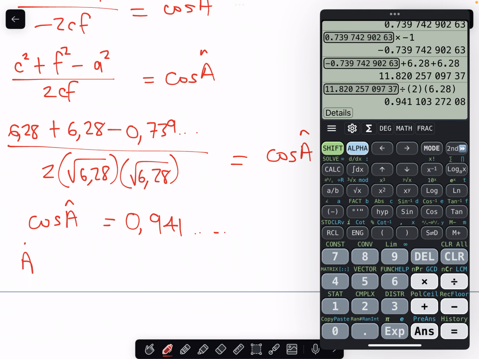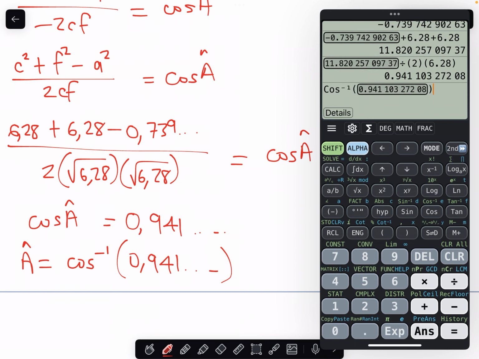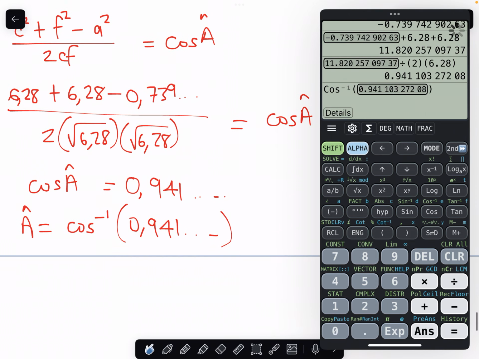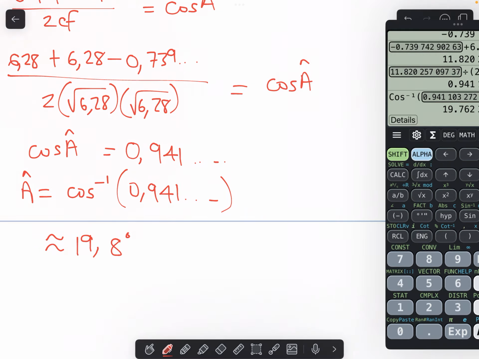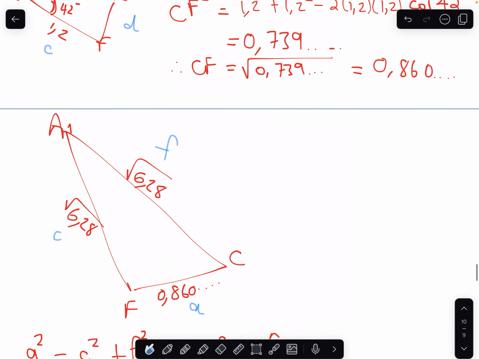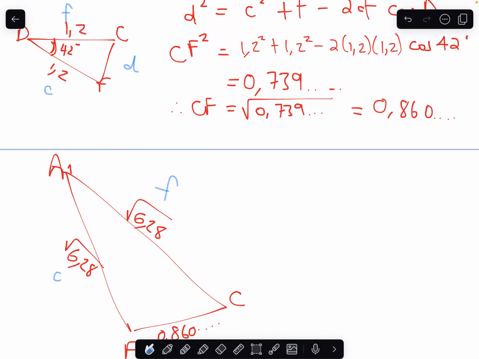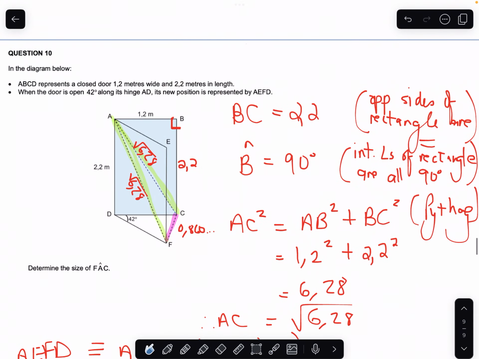So a is equal to inverse of cos of this number, which is 19,8 degrees. Okay, so that is that angle now, which is the angle we were looking for.